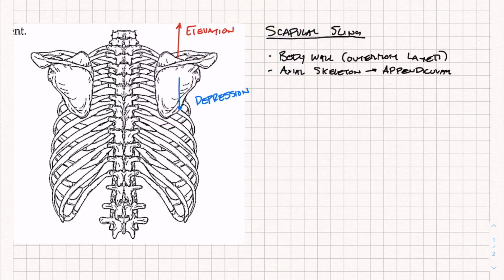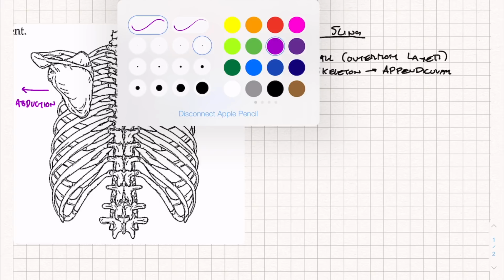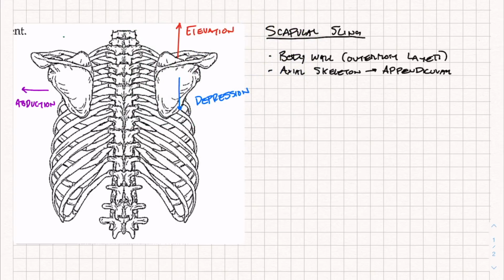If we move the scapula out, away from the spine, we call that abduction. And if we do the opposite, taking it nearer to the midline towards the spine, we call that adduction.